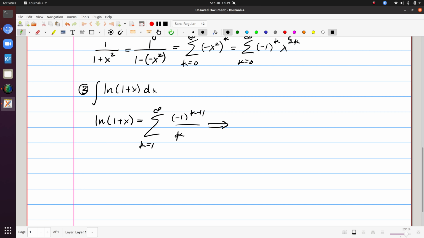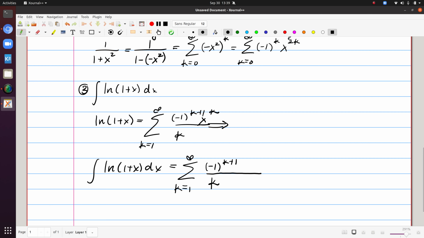So once I have that, to find the antiderivative of that sum, I can express that as the sum from k equals 1 to infinity of negative 1 to the k plus 1. And sorry, I dropped my x to the k in my series representation up here. So again, I'll point out what I can start with is writing the things that are constant with respect to x.